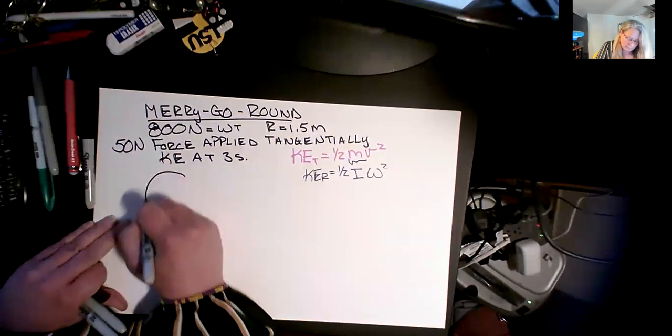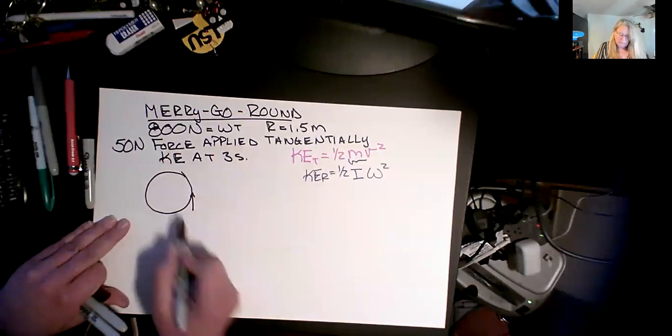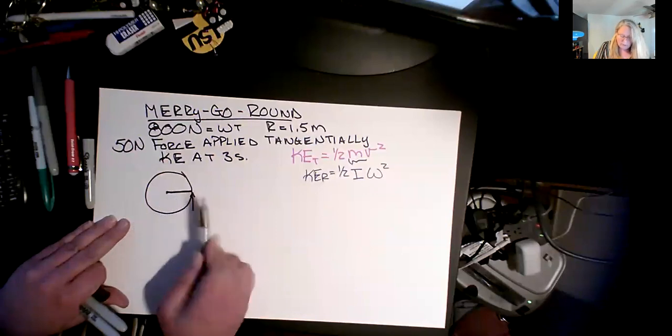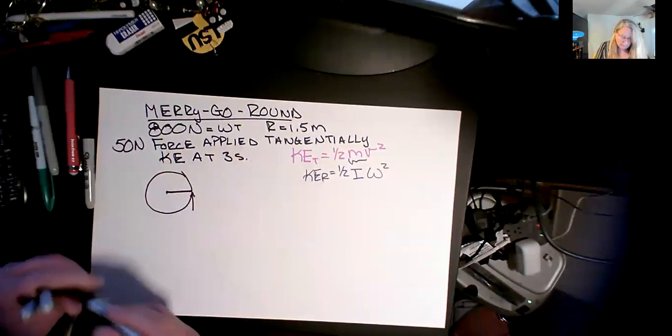So here's my merry-go-round, and remember, tangentially would be like pushing it like that away. So here is the radius. So this would be a torque applied at 90 degrees.